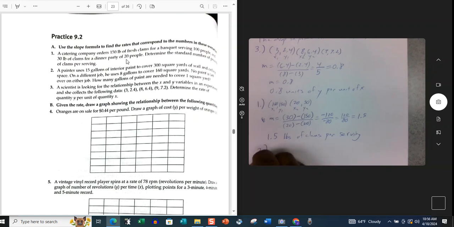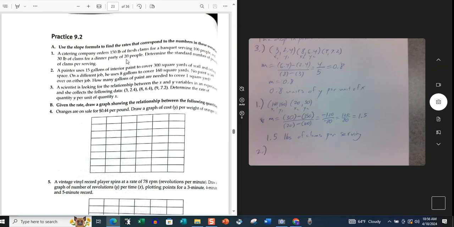All right, number 2. It says a painter uses 15 gallons of interior paint to cover 300 square yards of wall and ceiling space. On a different job, he uses 8 gallons to cover 160 square yards. No paint is left over on either job.